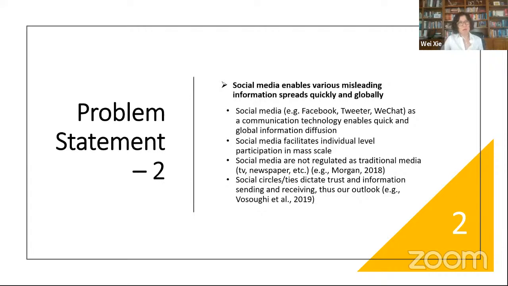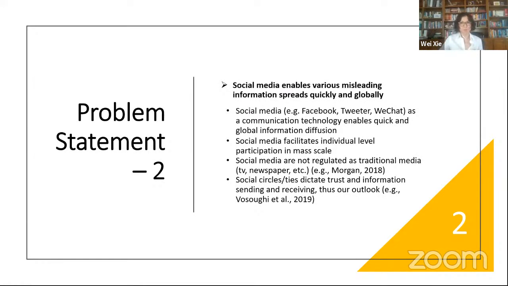Social media, as a new media, is also not regulated like traditional media such as newspapers and television. Also, on social media we form different groups and ties based on trust, on relationships, on whether we like each other or share the same mindset. Those social ties end up dictating what information we share with each other and what information we receive, and ultimately can have an impact on our outlook about the world and about any particular issues.